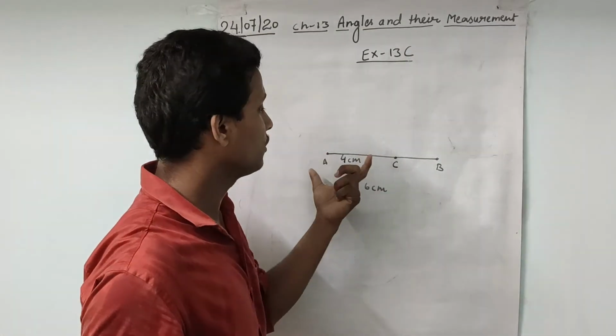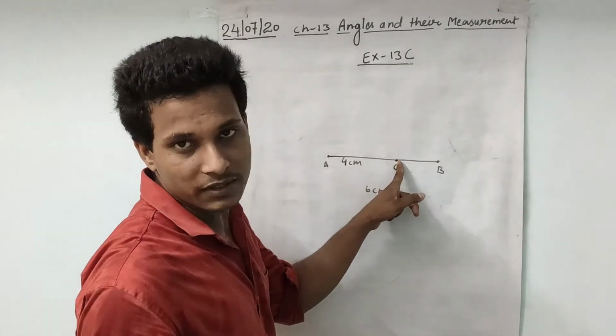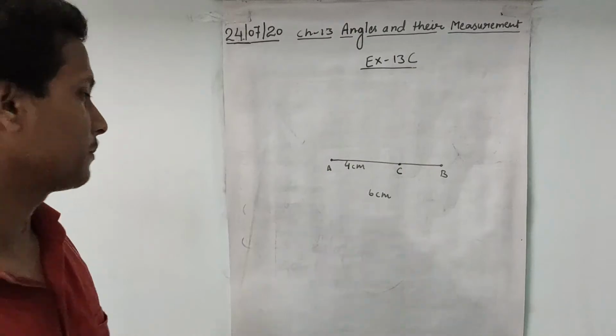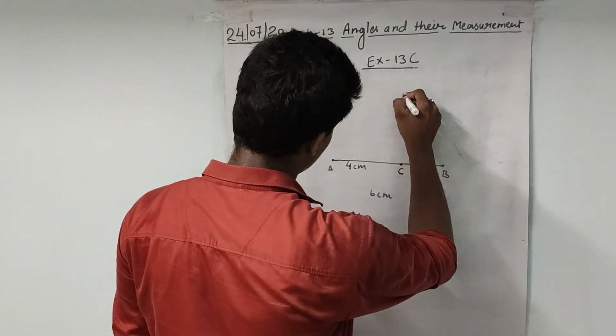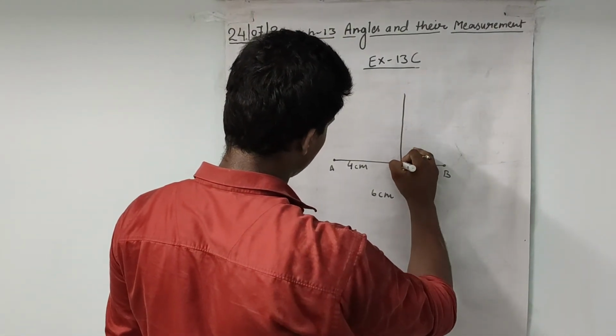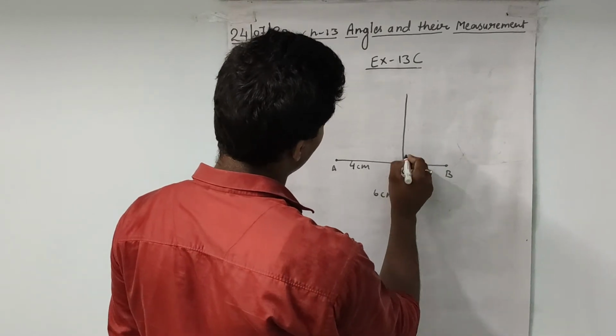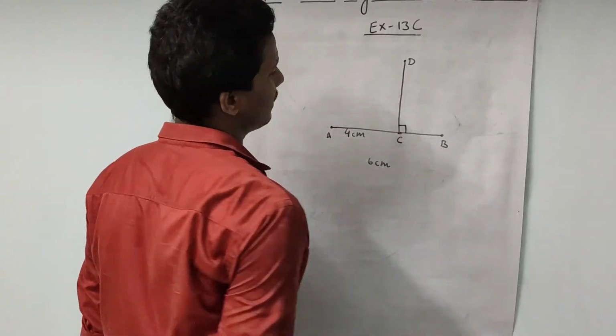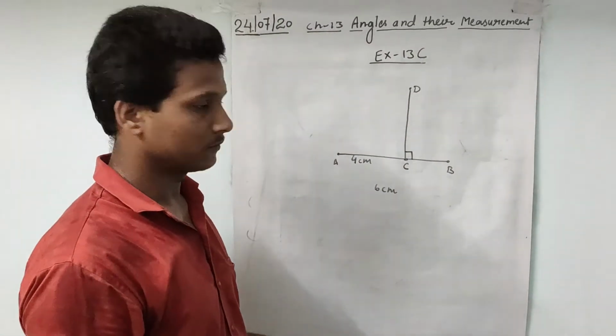From this point, you need to draw a perpendicular line. Perpendicular line means the angle between these two lines should be 90 degrees. So you have to make a 90 degree angle at point C and write the name D.